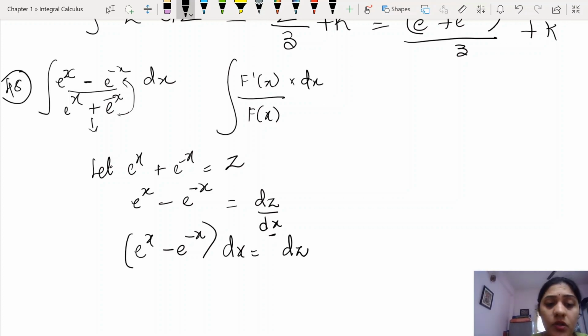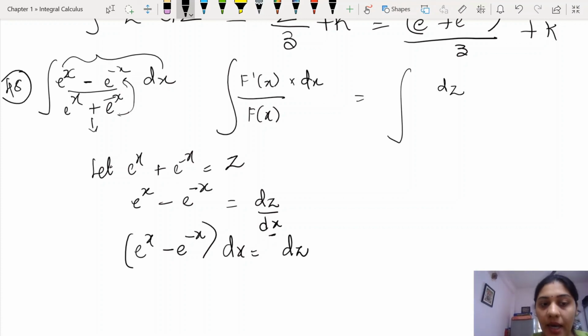Okay, so this is what I have in the numerator. So when I go back and substitute, the numerator I would write as dz, and the denominator I would write as z. So anything divided by z, the integration of this becomes log z plus k.